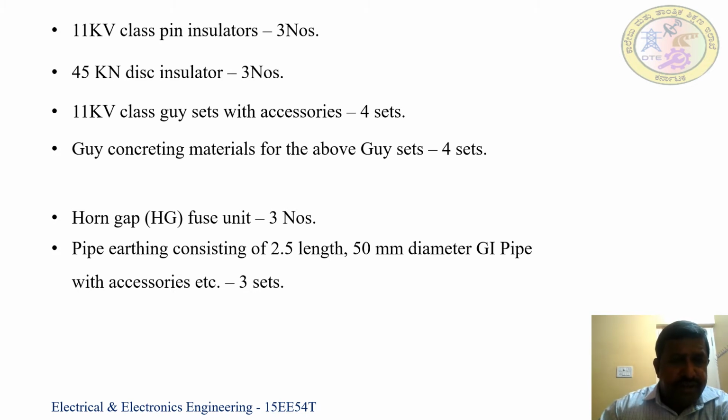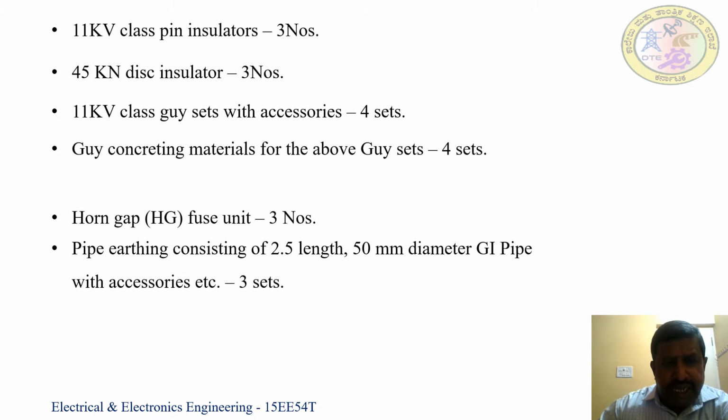Next material is 45 kilonewton capacity disc insulator, 3 numbers, 1 number for each phase. Next, 11 kV class guy sets with accessories, 4 sets. 11 kV guy sets consist of stay wire, stay rod, stay plate, stay tightener, etc. So with all accessories, 4 sets.